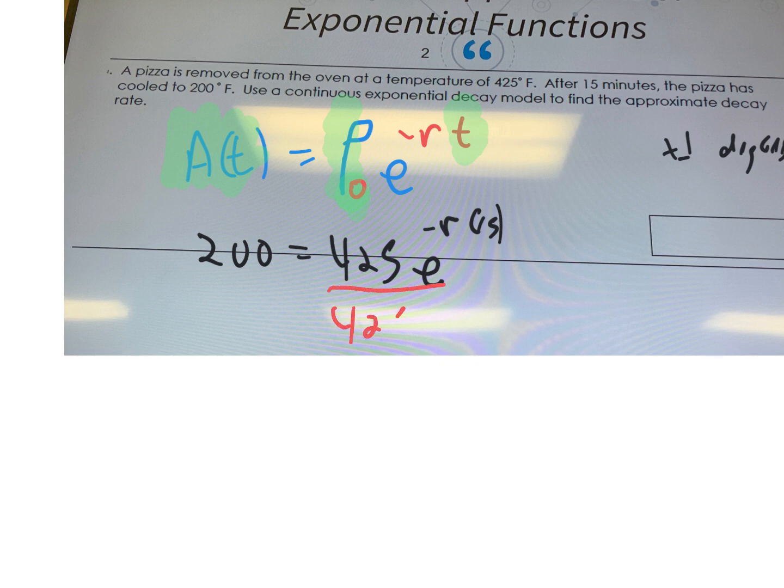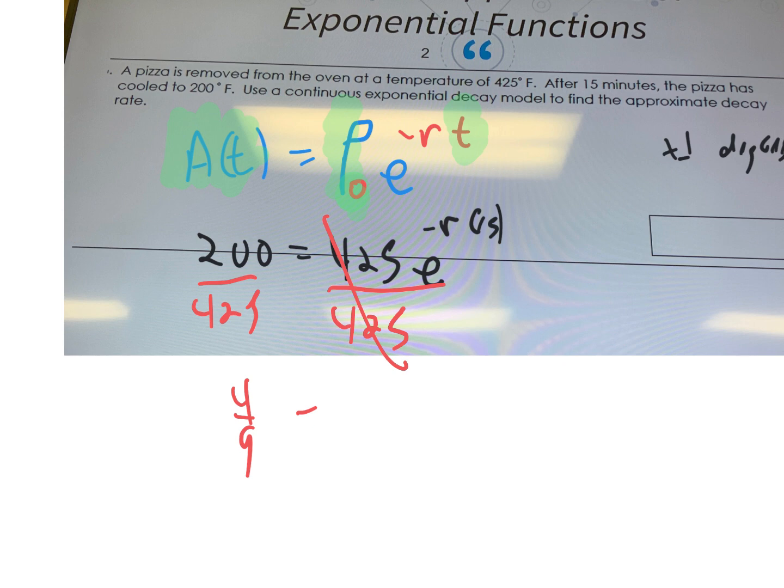Divide both sides by 425 and get that number away from the e. I don't know what 200 over 425 is, but I could divide both by 25 and I get 4 out of 9. 4 out of 9 is a good fraction.